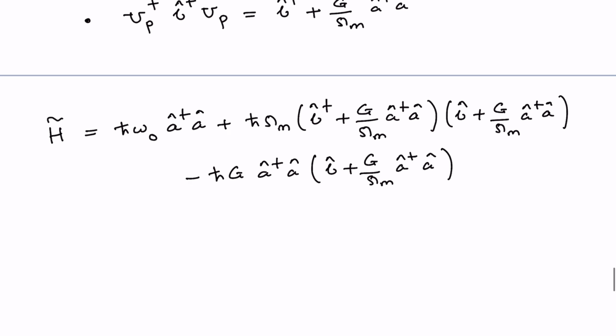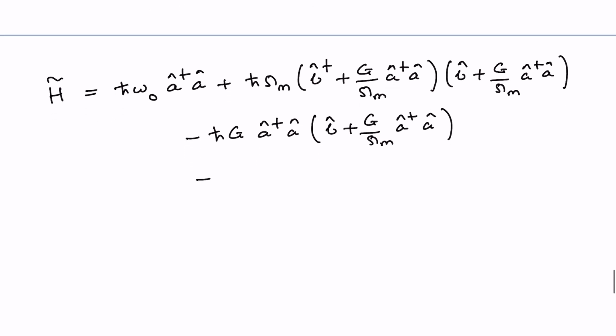It's a very simple calculation, and you have another term, by the way, that is minus H per Z, A dagger A. This you are going to get from the third term, B dagger plus Z by capital omega M, A dagger A.